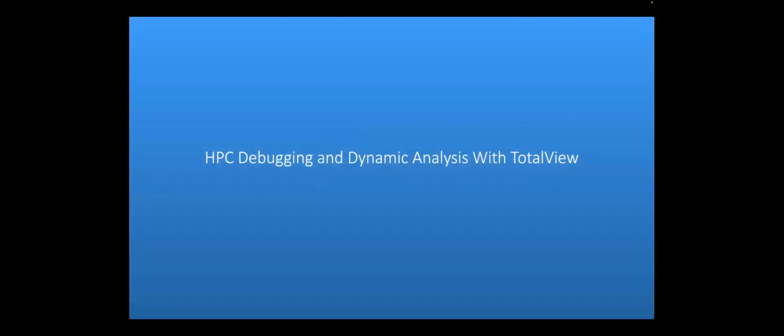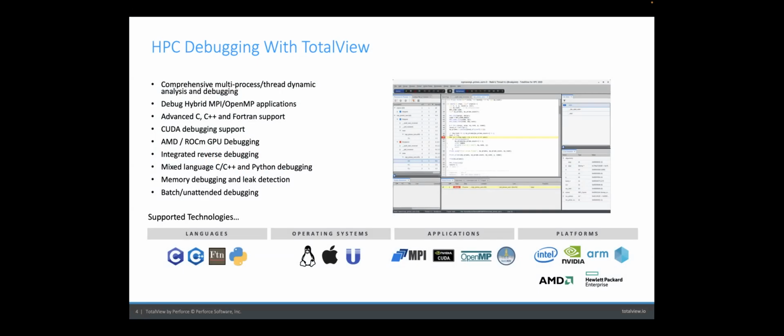Okay, so a quick introduction to TotalView. TotalView is a parallel debugger built from the ground up to debug multiple processes, multiple threads, and really just complex applications. Complex can mean scale, thousands of threads, thousands of processes.